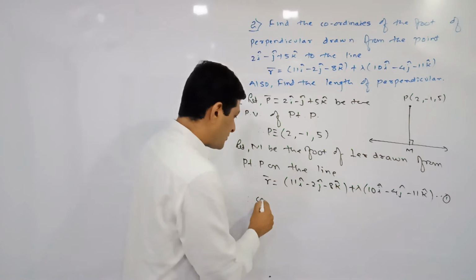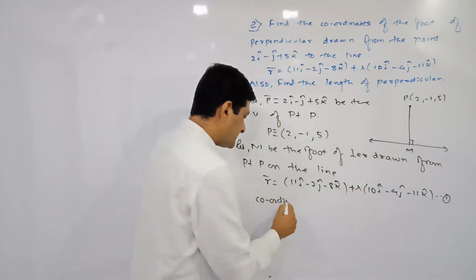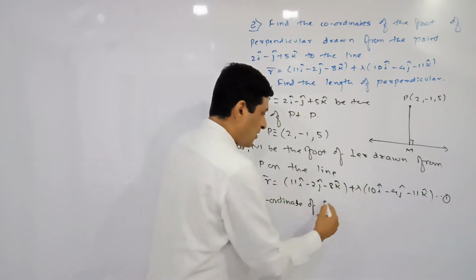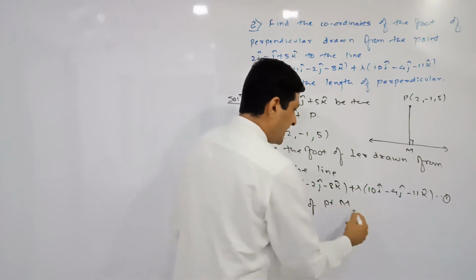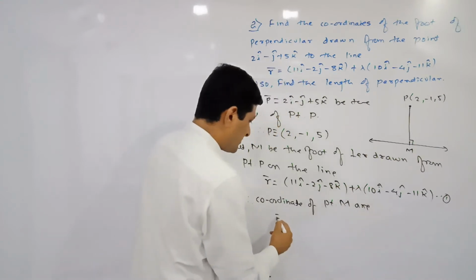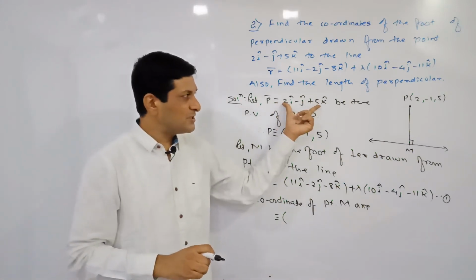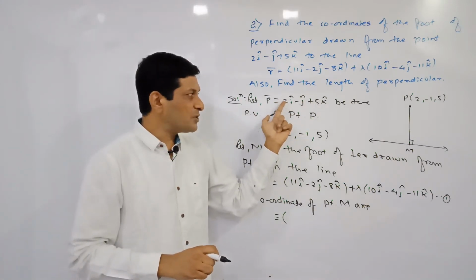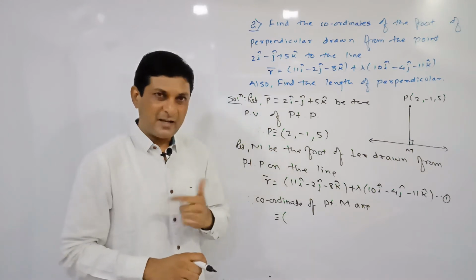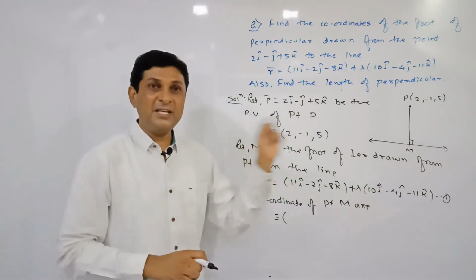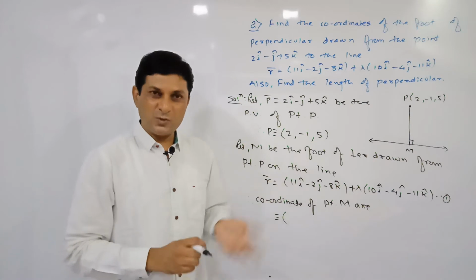So let us try to find the x coordinate of point M. We already know that if the position vector is given to us, then the coefficient of i cap is the x coordinate. What is R bar here? R bar is any point on the line, and M is also a point on the line.